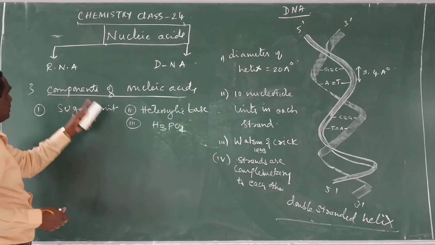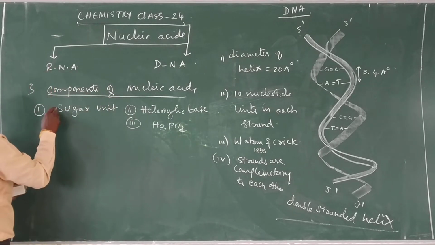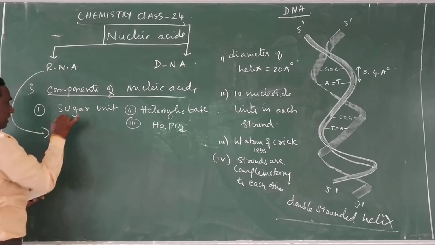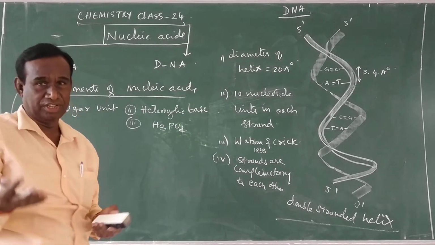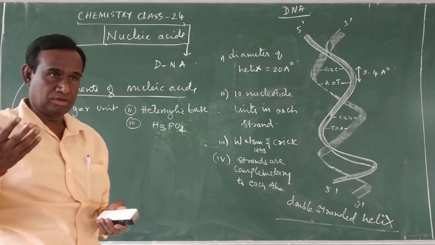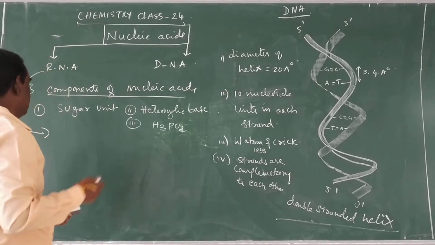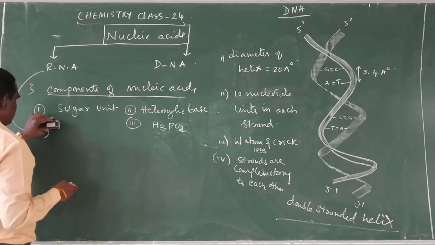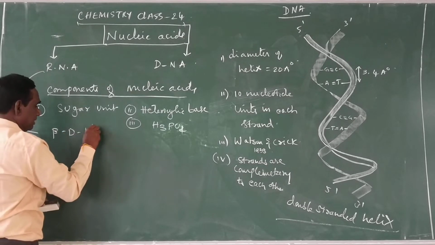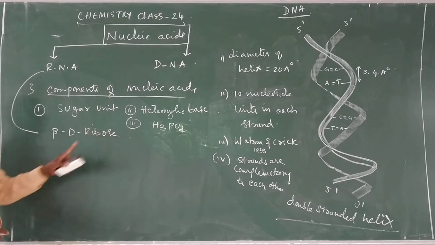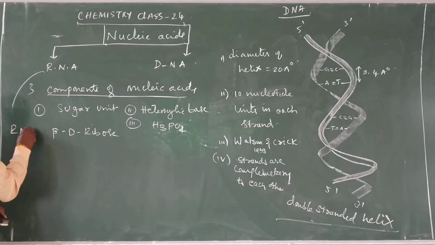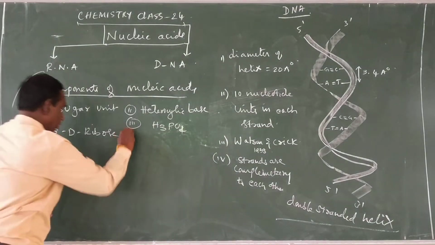The sugar unit is also called the pentose sugar or sugar moiety. The sugar unit present in RNA is called beta D ribose.